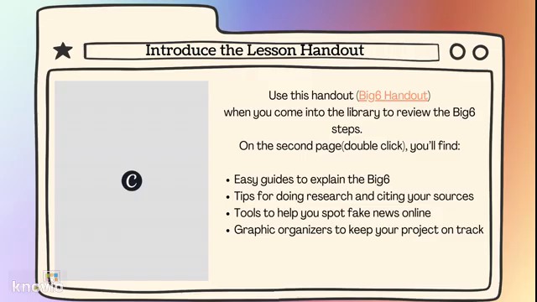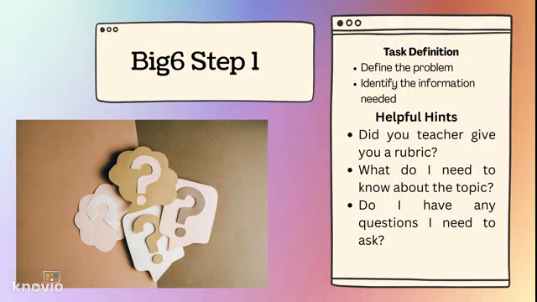I know we've gone over the SIFT method before, but it kind of helps you to vet these resources so that they're accurate and truthful. But yeah, look that over, please. And again, bring them with you when you come into the library. Okay, we're just going to jump right in.